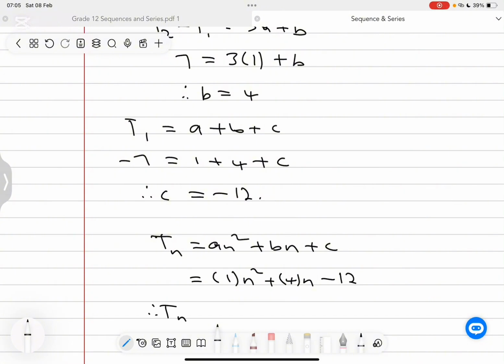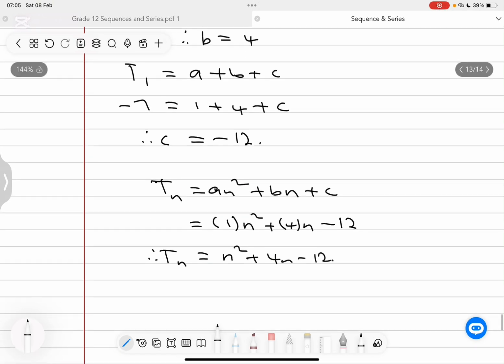This simplifies to n squared plus 4n minus 12, and this is our general formula for finding any term in the sequence. If you put the values of n there, we can get any term in the sequence. Of course, it's a function that's restricted to natural numbers, because n can only be the counting numbers.